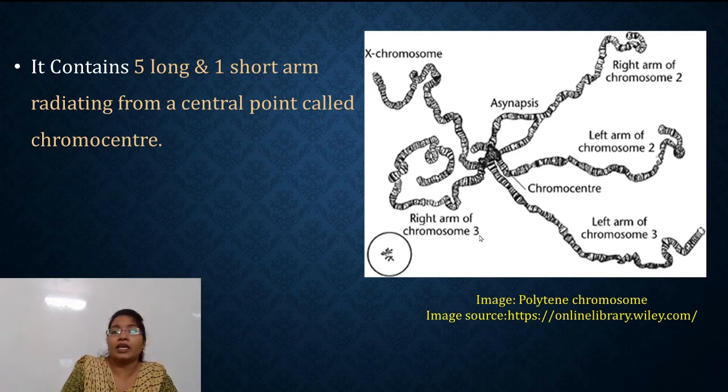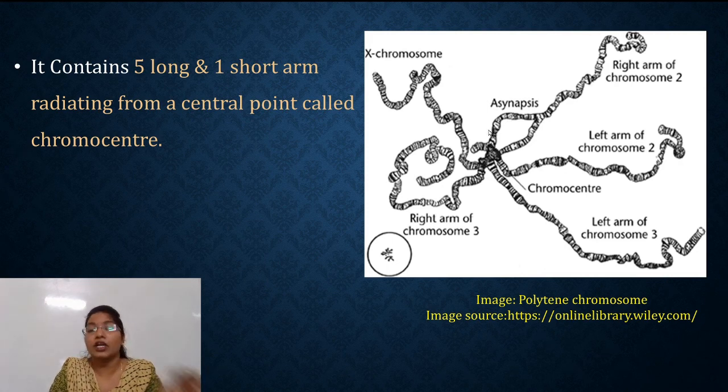So in this way, the polytene chromosome consists of 6 arms. Out of that, 5 arms are long and 1 arm is short, and these 6 arms radiate from a central point called the chromocenter.